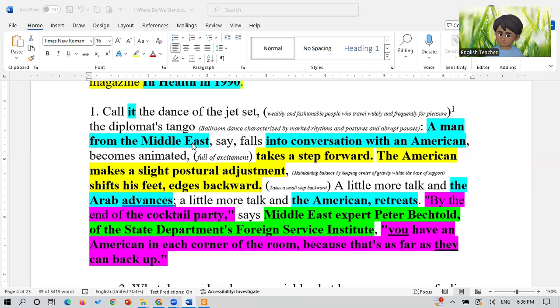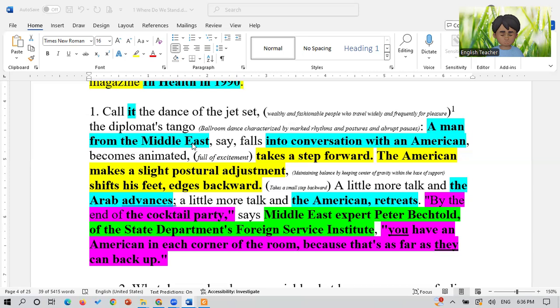And this conflict, which you see in the first paragraph, leads to crisis towards the second, third, fourth paragraph. And this crisis results from the misunderstanding regarding how to occupy a public space while having a conversation with a person from another culture.